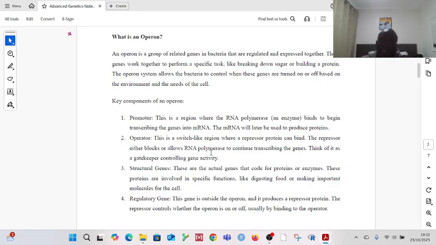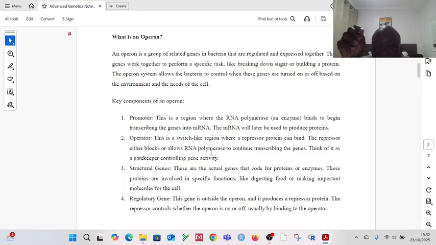What then are the components of an operon? We had seen a few of those. One is an operator. An operator functions like a switch region where the repressor protein can bind. On the operator, hapo ndio repressor inakuja inashika.